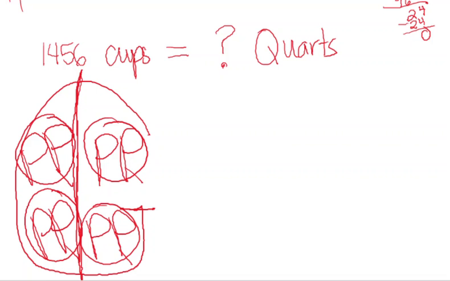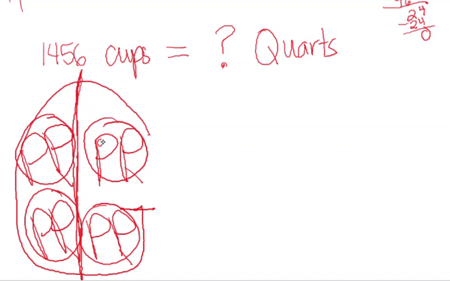How many pints are in a gallon? Well, count the number of P's in the whole G. 1, 2, 3, 4, 5, 6, 7, 8. And we see that there are 8 pints in a gallon. We need to get down to cups. So again, how many cups are in each pint? There are 2.